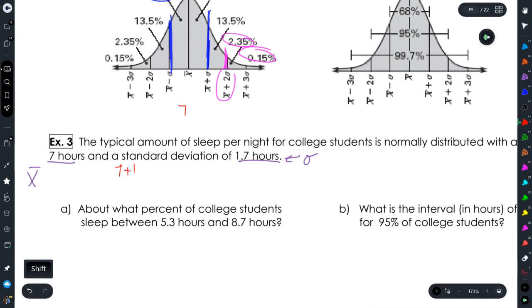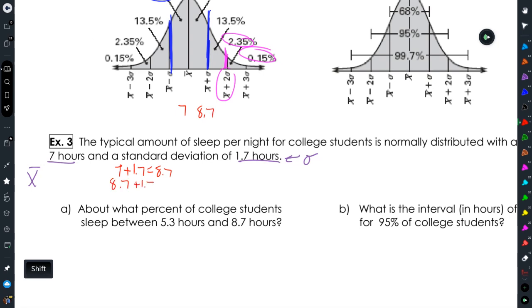Our mean was 7, and then I'm going to add 1.7 each time. So 7 plus 1.7 is 8.7. 8.7 plus 1.7 is 10.4. And 10.4 plus 1.7 is 12.1.